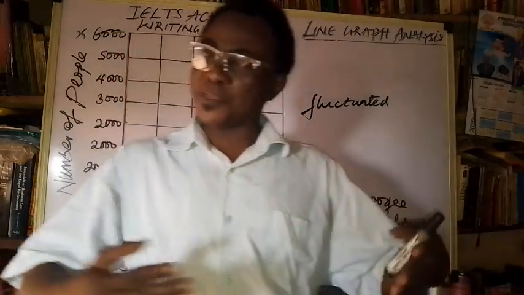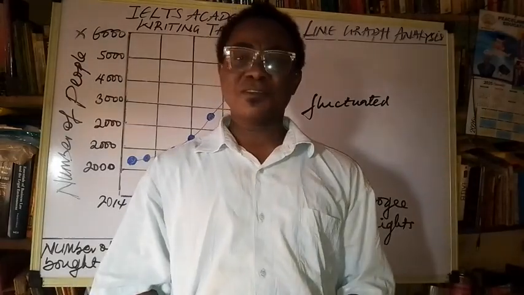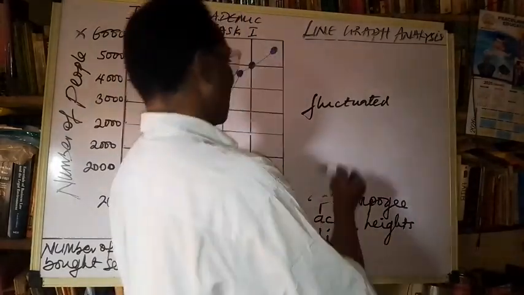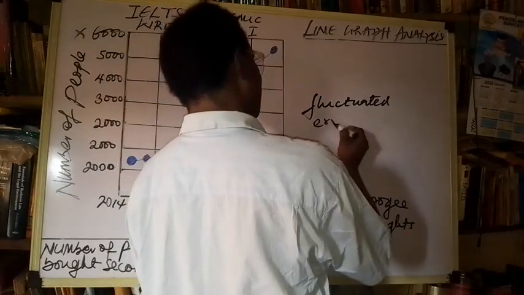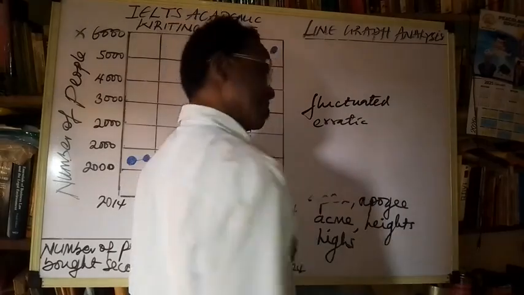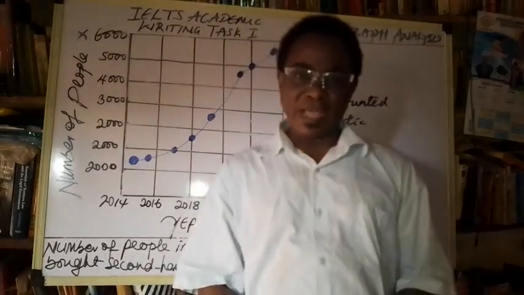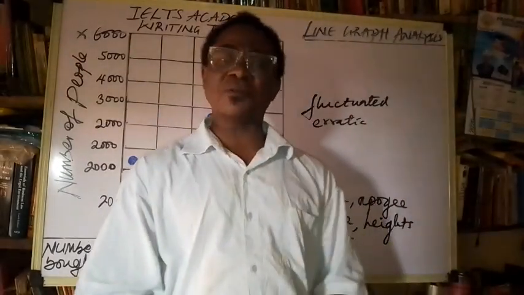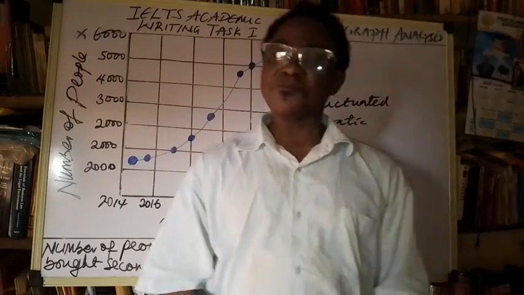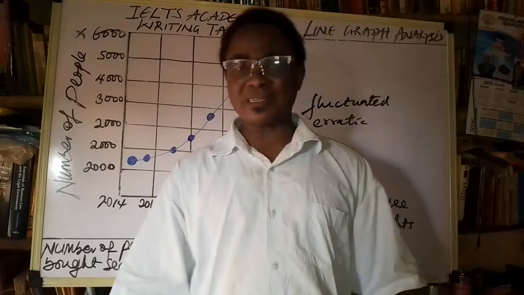That means for that period, the rise and fall were erratic. A rise followed almost immediately by a fall, and another rise and another fall. Values are fluctuating. Values are erratic.